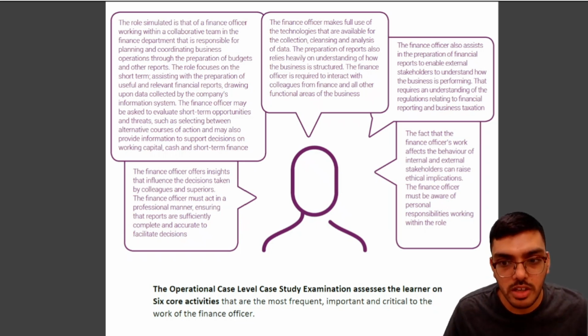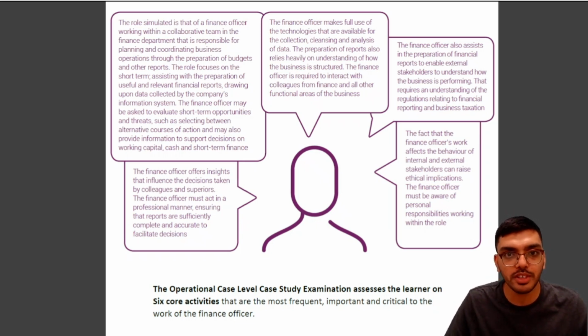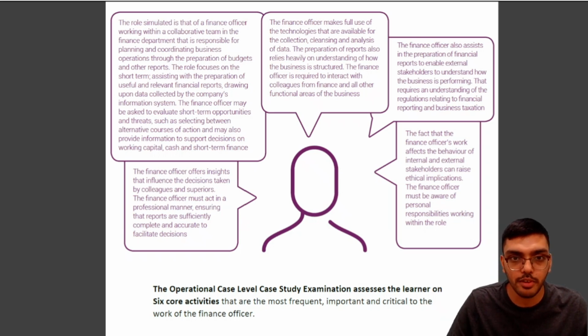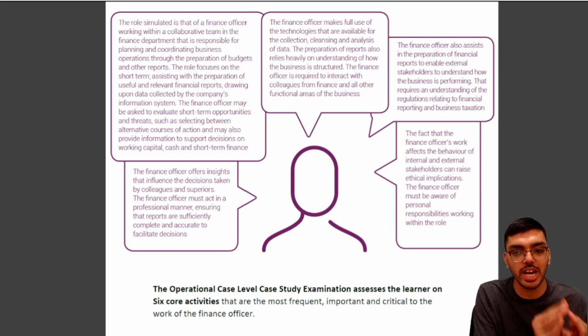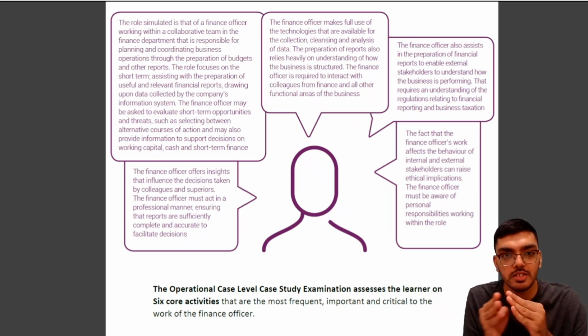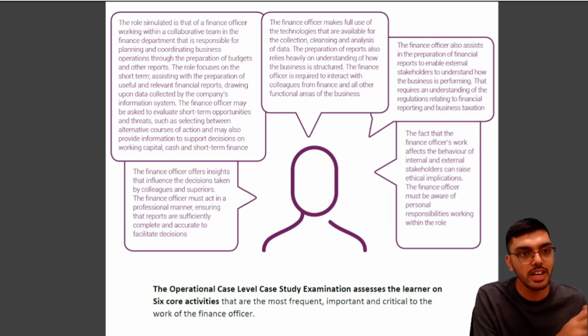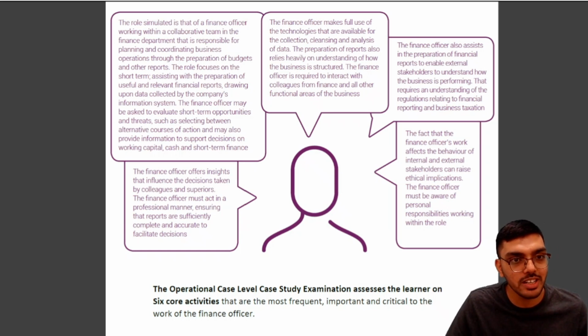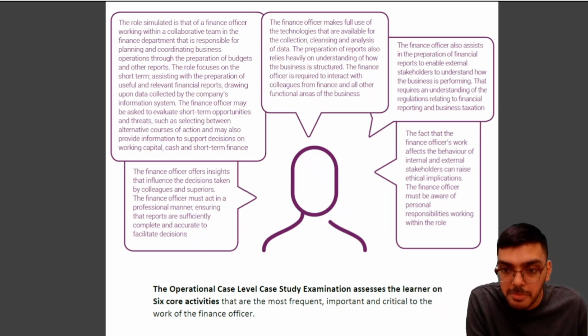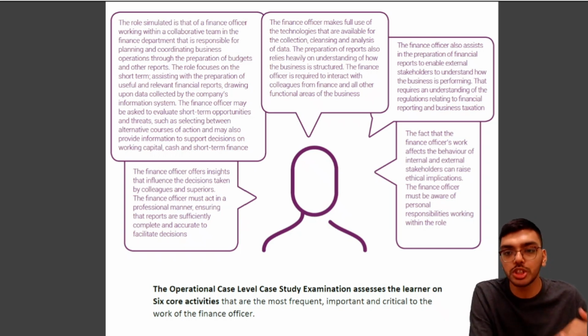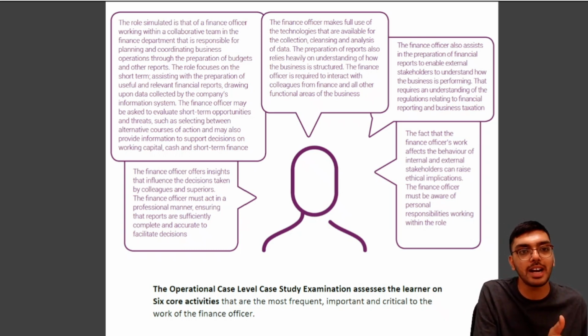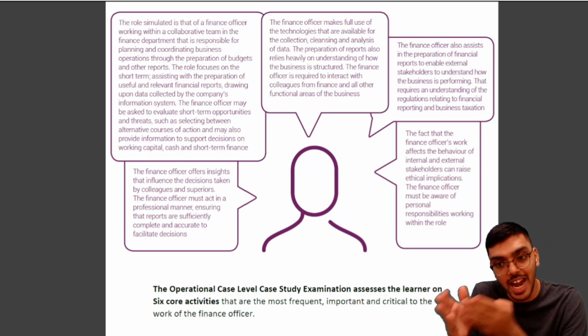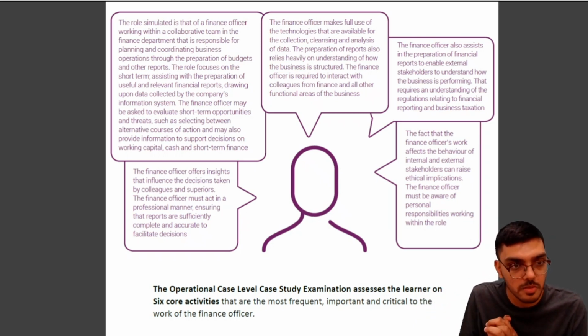The finance officer makes full use of technologies that are available for collection of data, analysis of data. This is straight from your E1 syllabus. Next, the role simulated is that of a finance officer who works with a collaborative team. So collaborative approach, participative approach, part of your P1 and E1 syllabus.